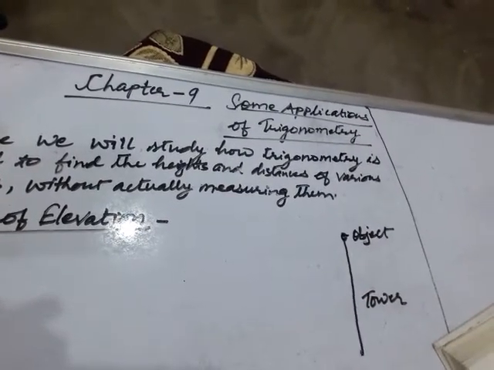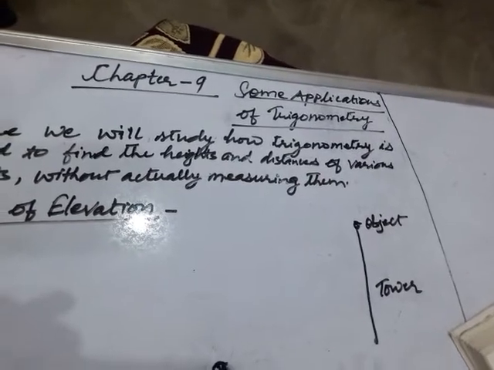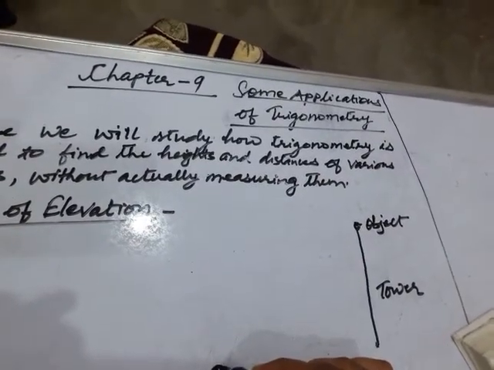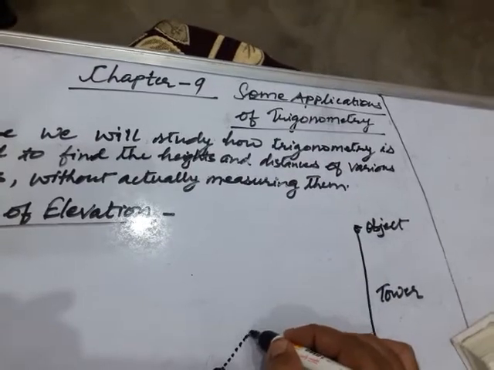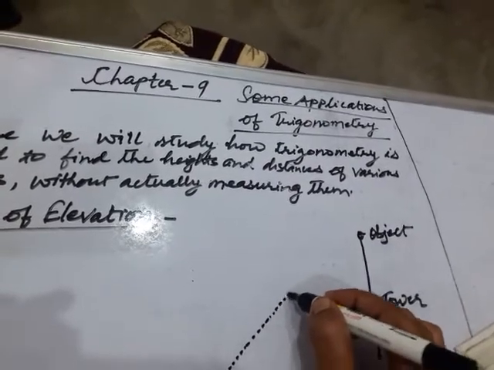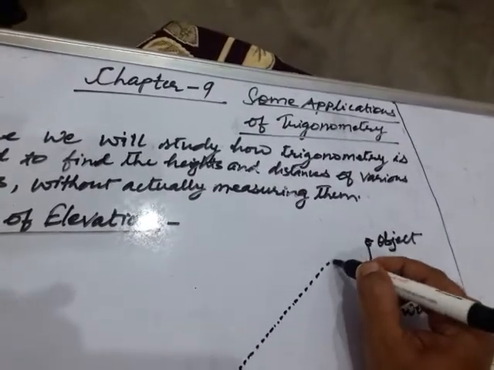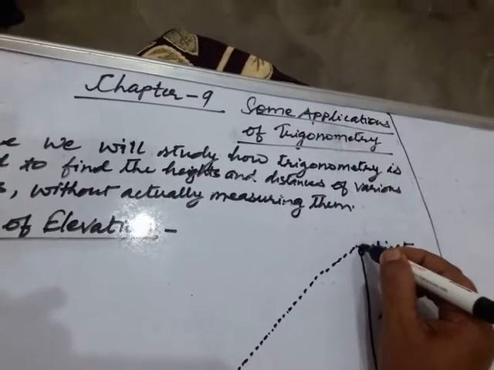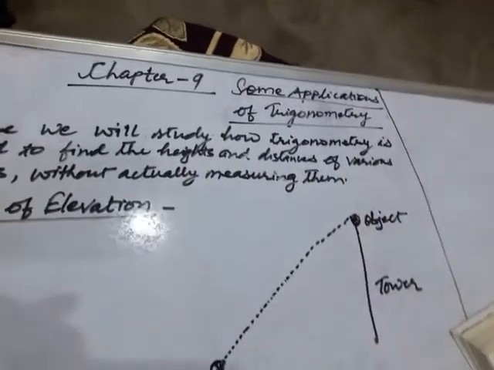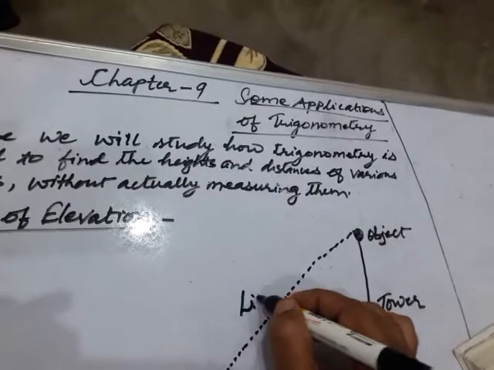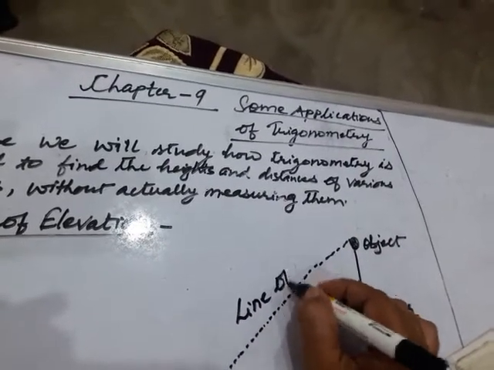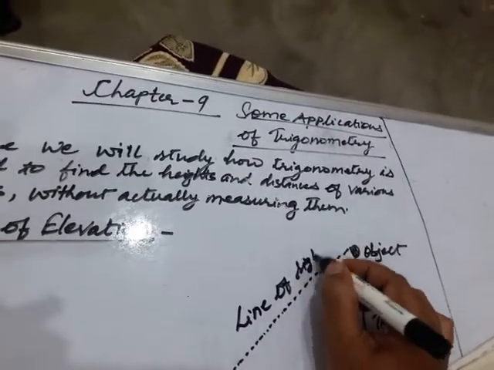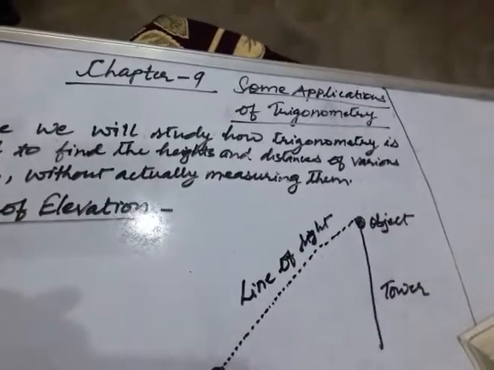When the observer observes the object, two rays emerge from the eye. This is your object that is kept over here. This is called line of sight. This is observer's eye.